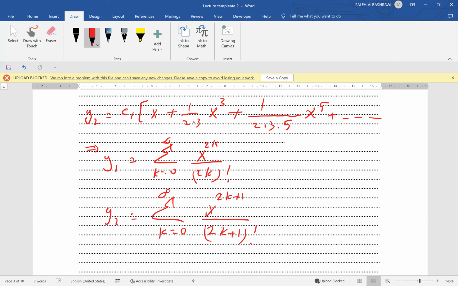So these are the two power series, or two solutions, for the given differential equation.